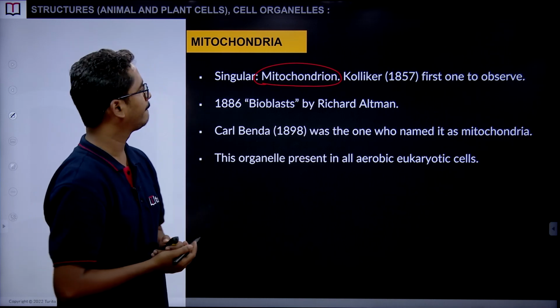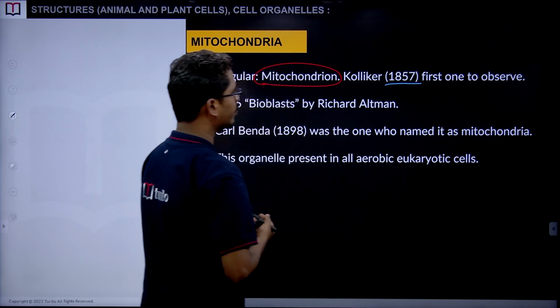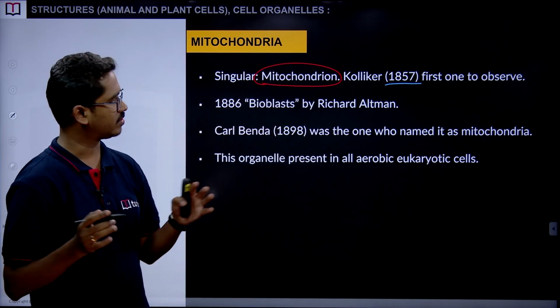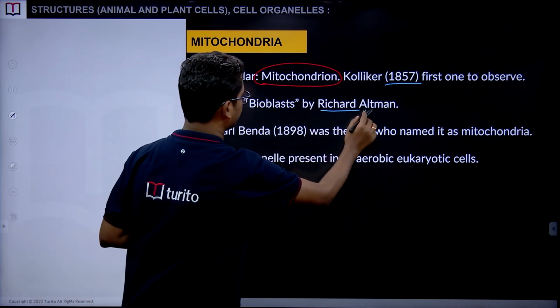Kolliker was the first person to observe this particular organelle in 1857, okay, and later there was another man called Richard Altmann.